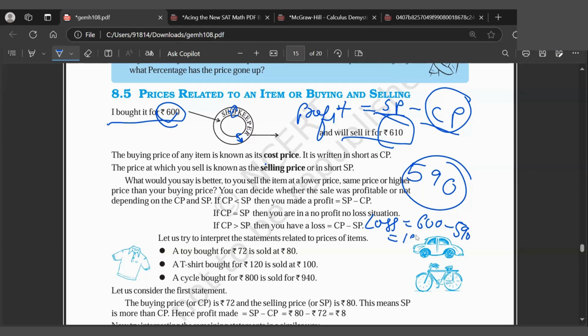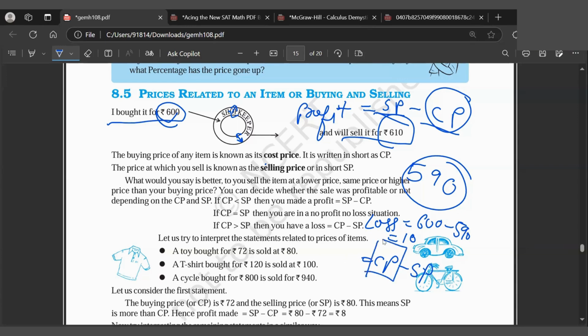Okay, so 10 rupees is the loss. This is also a difference, but cost price minus selling price. We just have to flip the terms, because in a loss the maximum amount we can get is the cost price, not more than that.